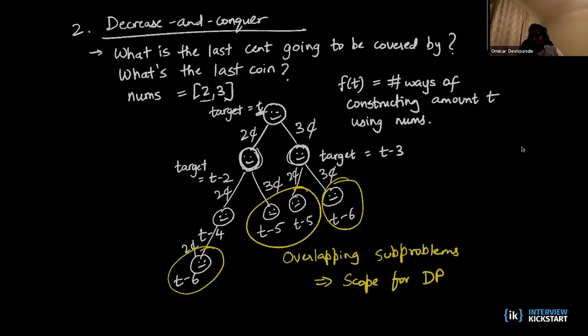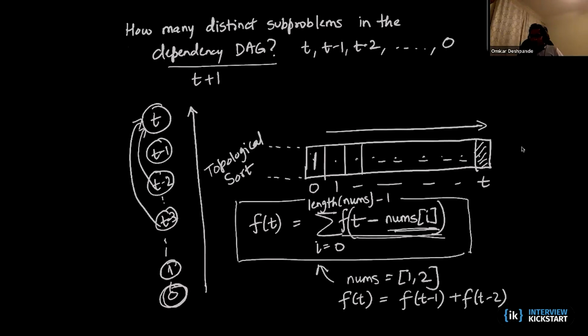Once we know what the subproblem DAG is like, based on that we decide what the data structure should be. If the subproblem DAG is only of size t and the subproblems are labeled from 0 to t, it's very convenient to use an array with those subproblem sizes as the indices.